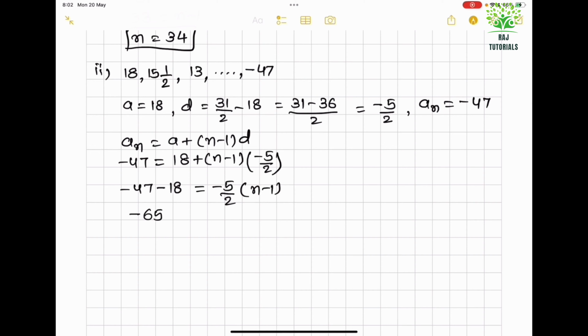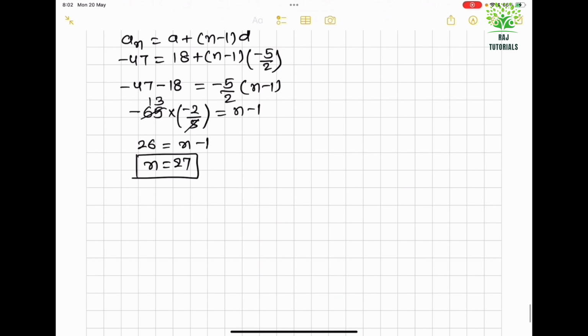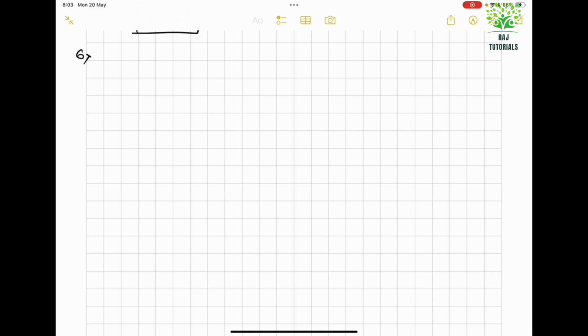So minus 65 into minus 2 by 5 equal to n minus 1. So 26 equal to n minus 1. So n equal to 27. So I got n equal to 27.